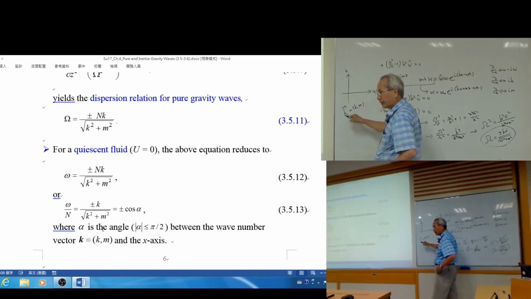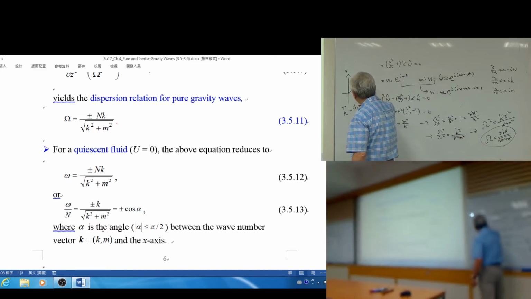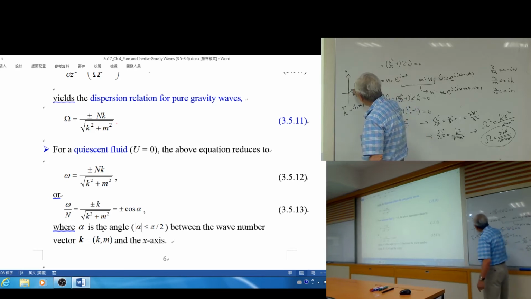This is a vector, and that means it's like this. So this is k, like this, and this is m. So here would be the square root of k square plus m square.